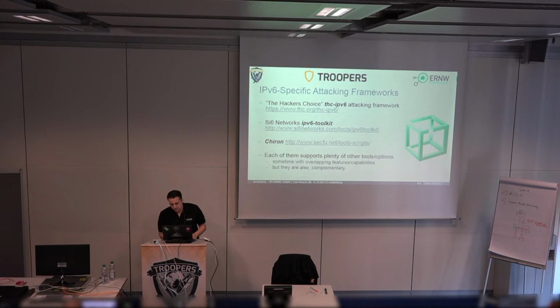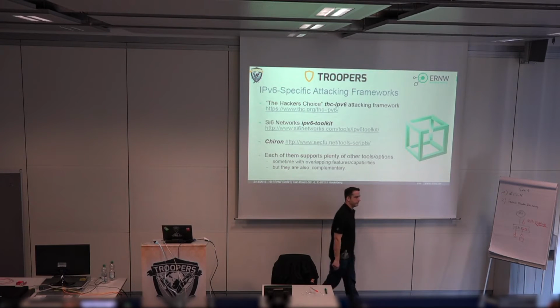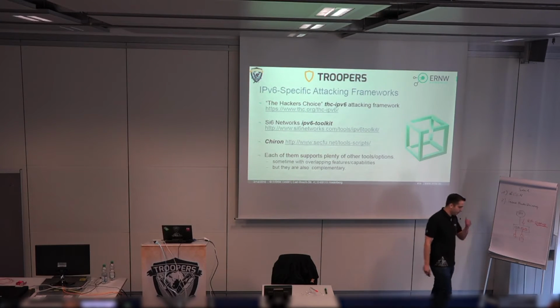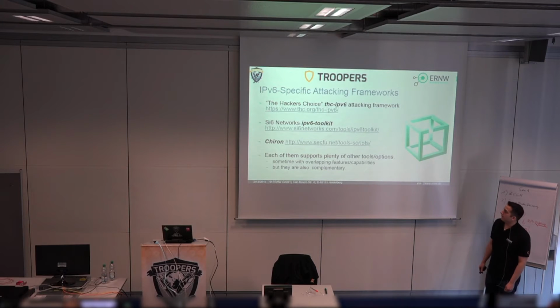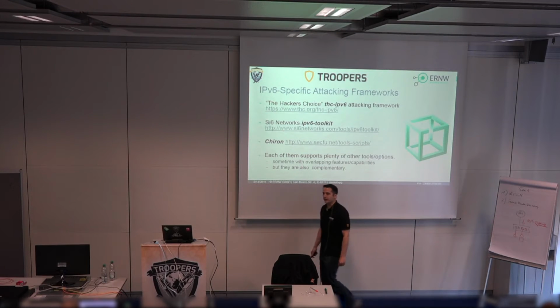Chiron is an advanced IPv6 attack tool suite developed by Antonios Atlasis, a fellow researcher from Greece, and you can download it here. With Chiron, you can do all the nasty things with fragmentation-based attacks, extension header modification, and so on.